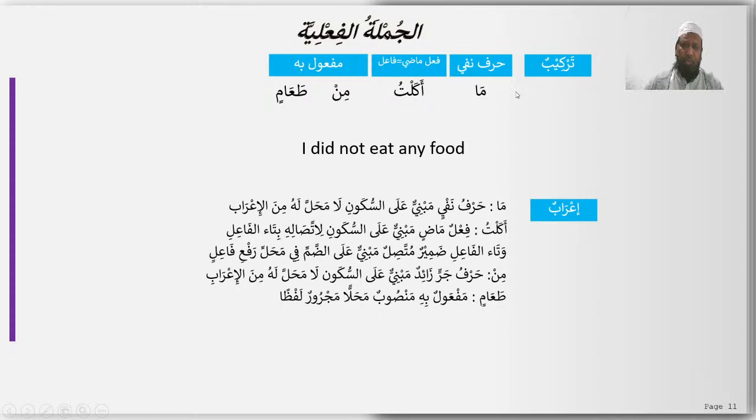Or number two, after istifham, could be after many words, it doesn't have to be straight away. Number two condition is the ism after harful jar min is nakira. So both conditions are matching here. So this min is harful jar az-zaid.